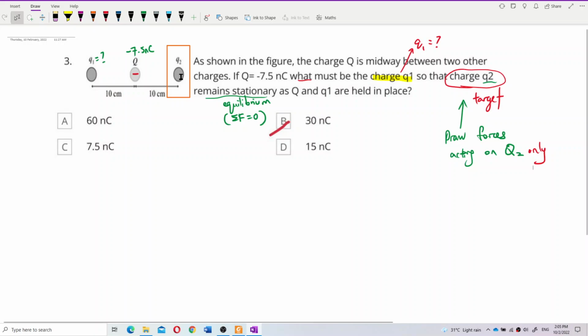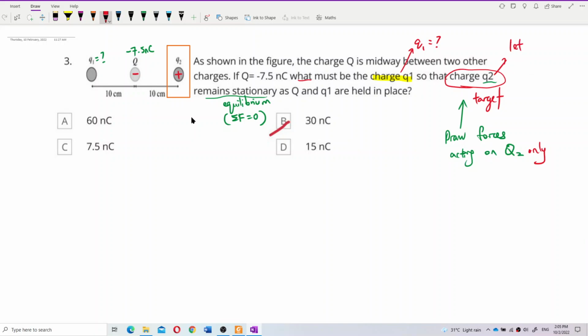Okay, so you see this Q2, it didn't mention if it is a positive or negative charge. Let's say it is a positive charge.